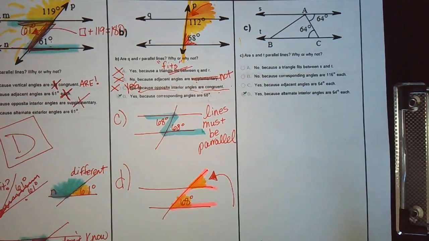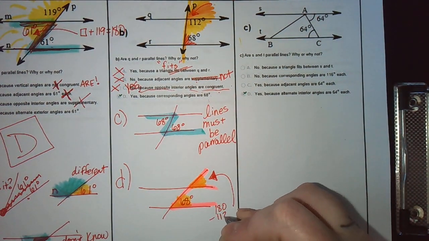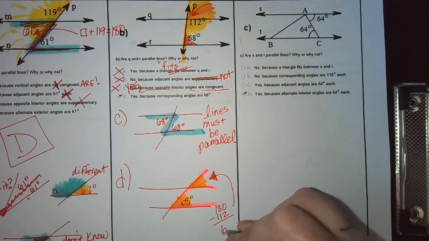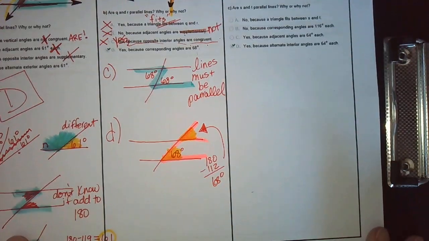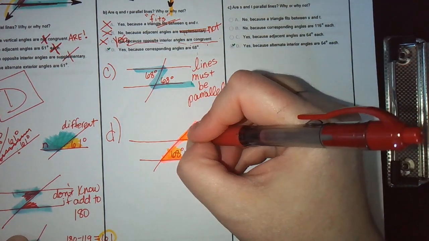Or we could think of it backwards. We could say 180 minus 112, and that does give you 68. So these two angles are 68.